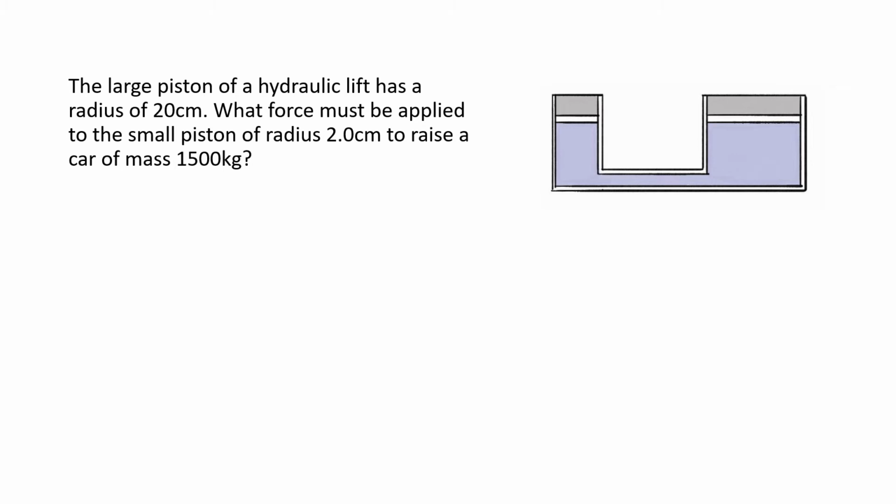Very simple. I think this is one of the only hydraulic problems that they ever make you do, so we're going to do it right now. We have the same type of system. These are circular tubes.